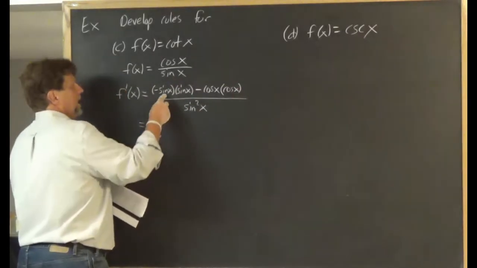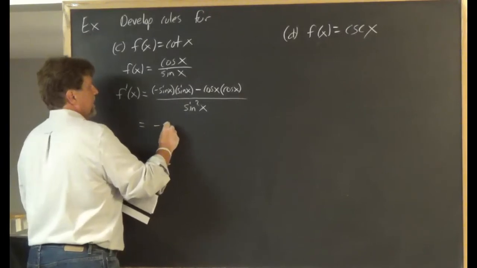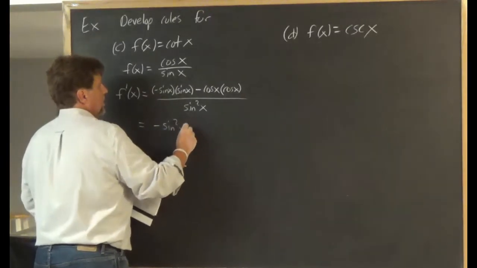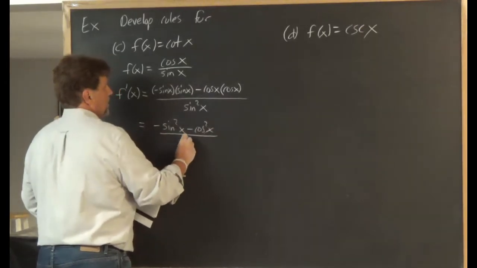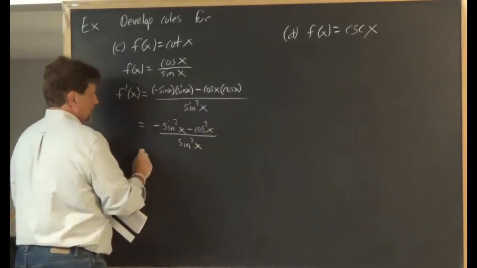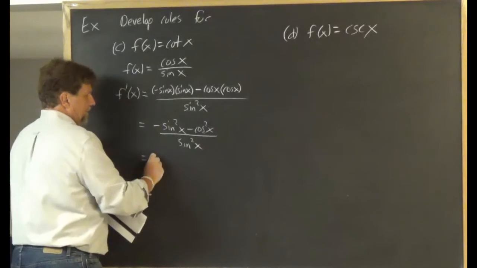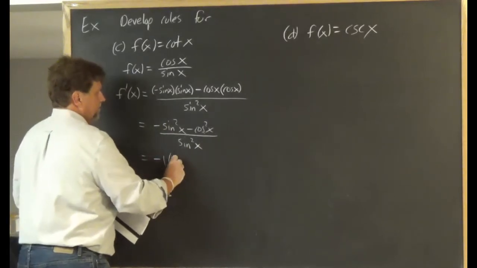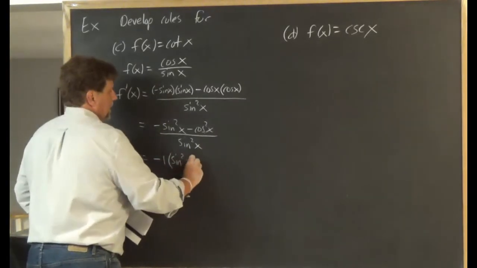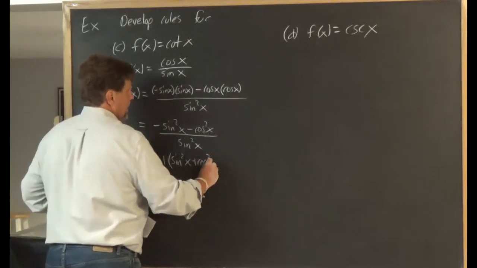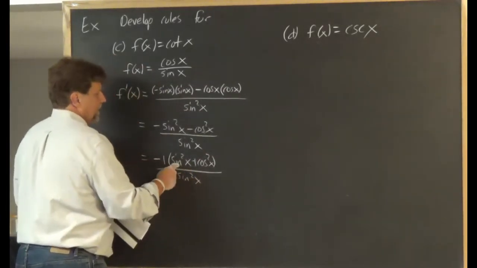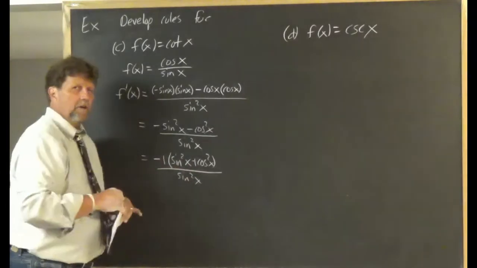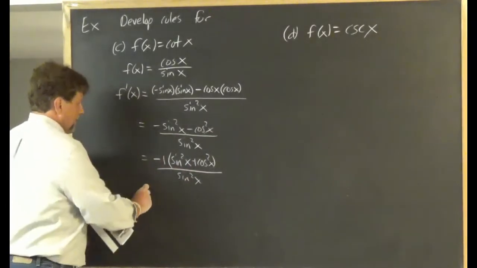So cleaning it up, this will be negative sine squared x minus cosine squared x over sine squared x. So in the numerator here, I'd factor out a negative 1. And when I do that, I see an old familiar Pythagorean identity. Sine squared x plus cosine squared x is 1.